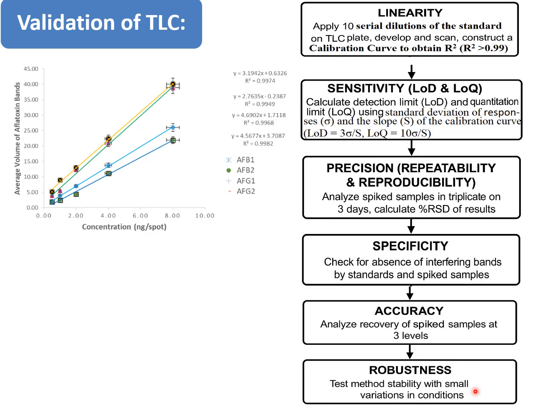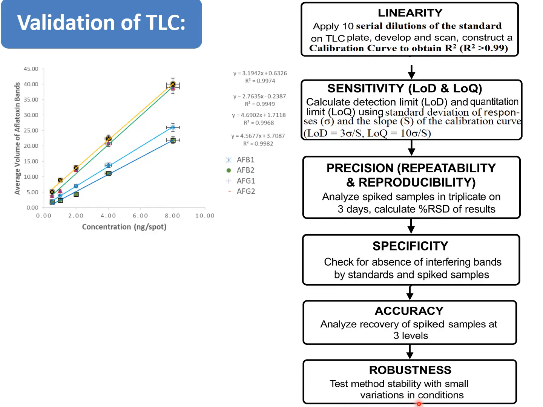Now, once a method is tested for these parameters, linearity, sensitivity, precision, repeatability, reproducibility, specificity, accuracy, and robustness, that method can be considered valid. However, some additional validation steps may be added, such as comparing the performance of the method with a gold standard method.